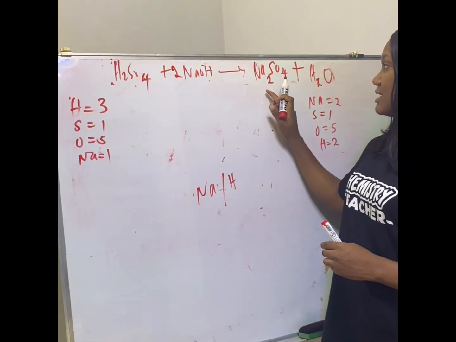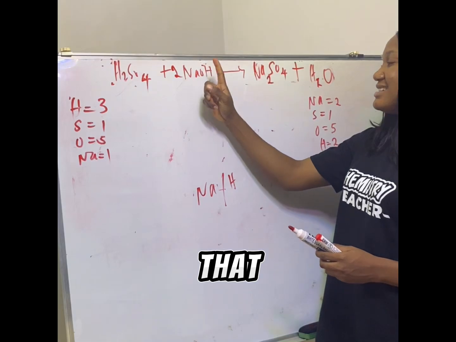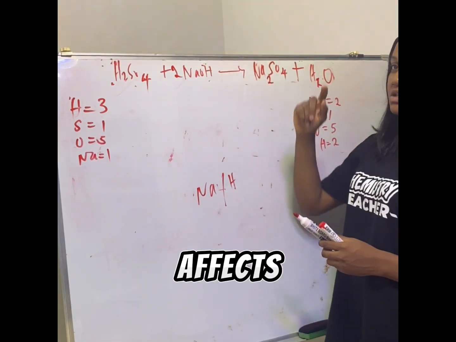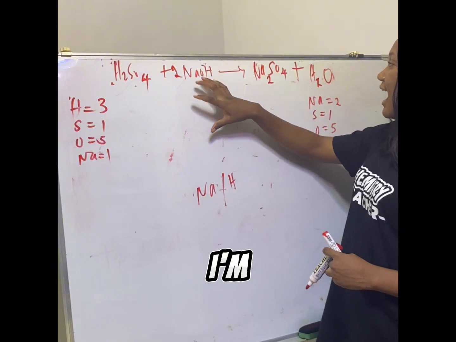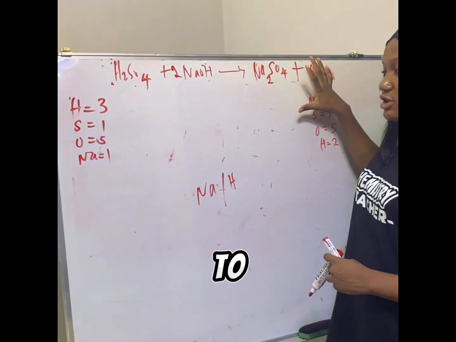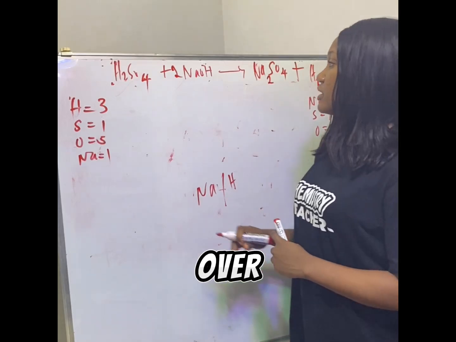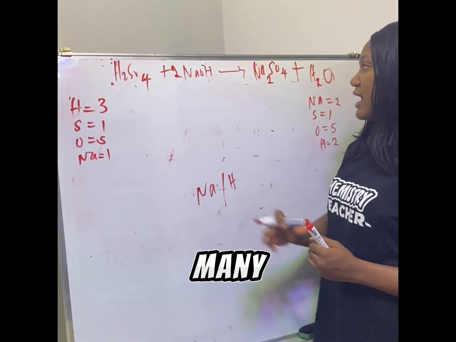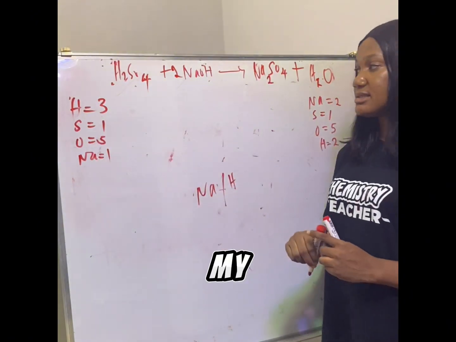Now if sodium is balanced by putting 2 here, the next thing I want to see is that these 2 here definitely affects oxygen and hydrogen. Now what am I going to do next? I'm going to see how I'm going to balance this over here to be sure that oxygen and hydrogen are also affected over here. So now how many oxygen do I have? 2, 4. So instead of 5, my oxygen now is 6.